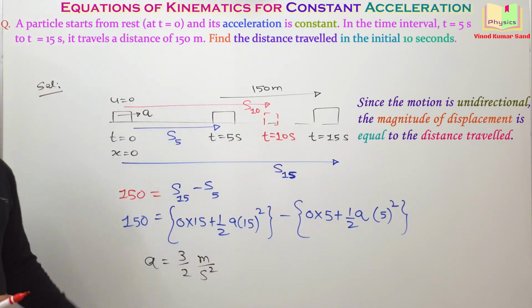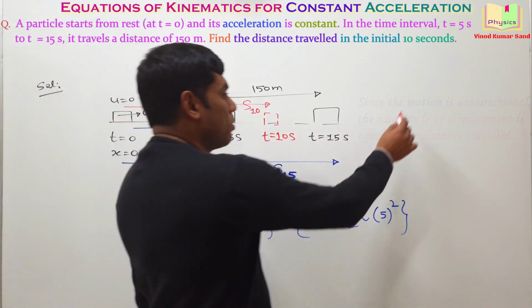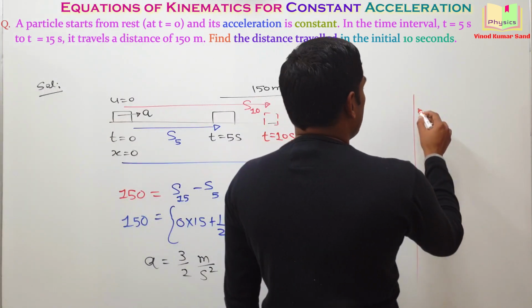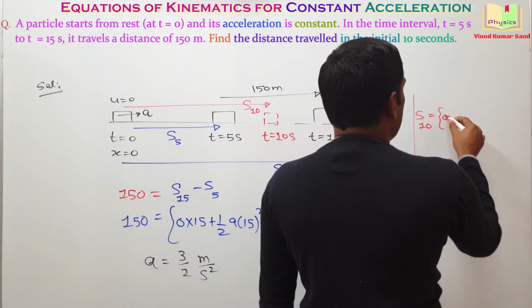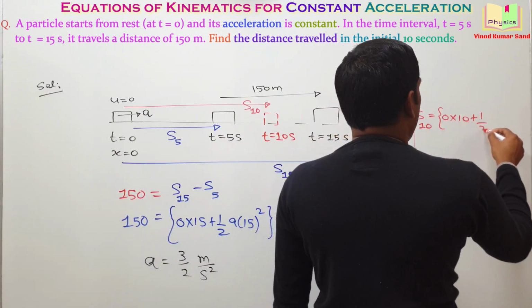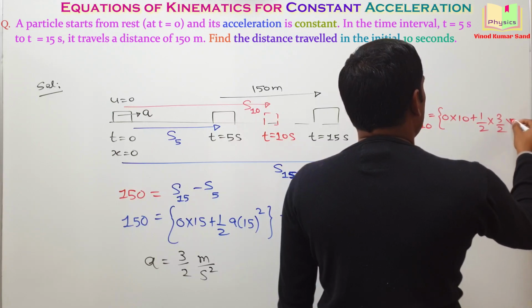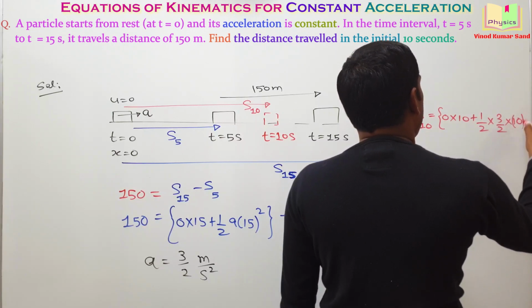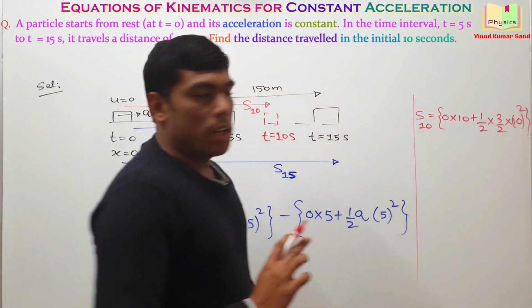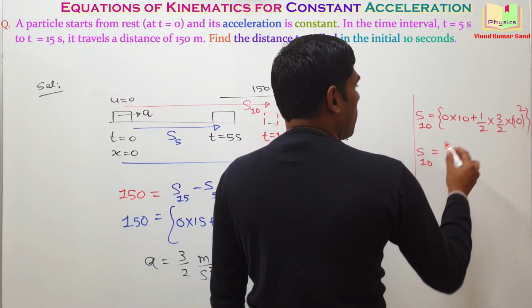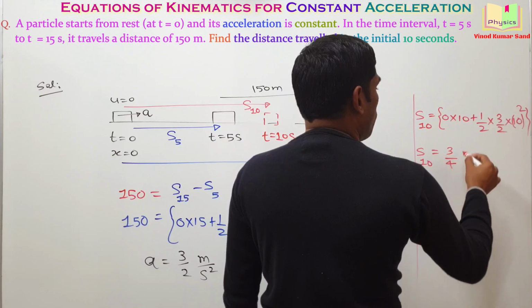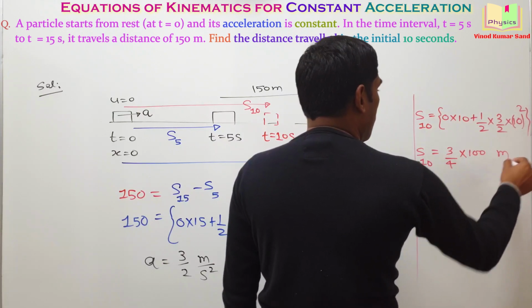Can you obtain S10? I'm doing the calculation here. S10 will be equal to 0 into 10 plus half into 3 by 2 into 10 square. Understand that? Simplify it further. S10 will be equal to 3 by 4 into 100 meter.